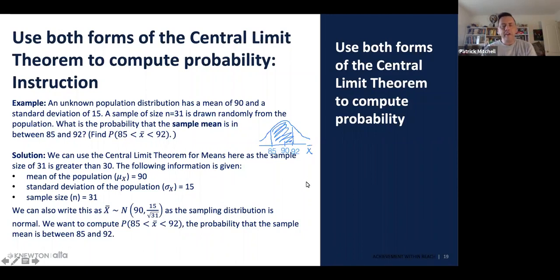All right, so the central limit theorem for means says that the mean of this distribution is still 90. However, the standard deviation of this distribution is not 15.